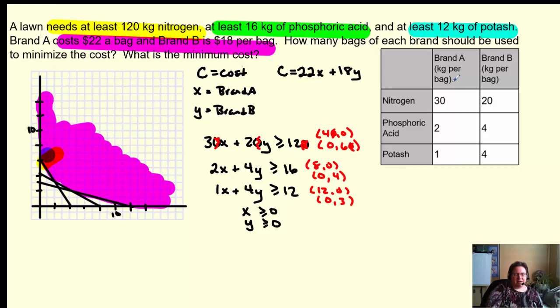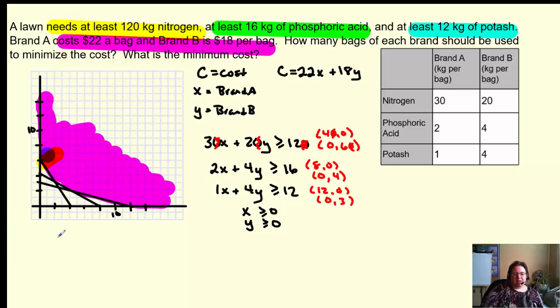So it makes sense to have fractions and decimals this time, so I don't have to do this to my graph like I did last time, because it's a continuous graph. Continuous means it makes sense to connect the points.